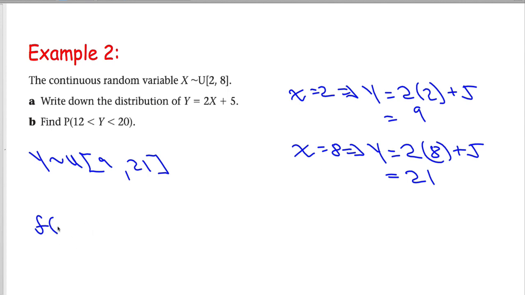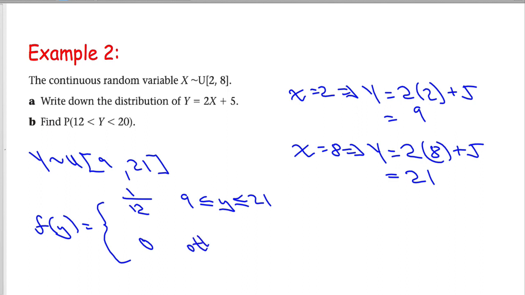So f of y is going to be equal to, and remember it's 1 over b minus a, so b is 21, a is 9, so 1 over 12, when y is between 9 and 21, and then it's going to be 0 otherwise.